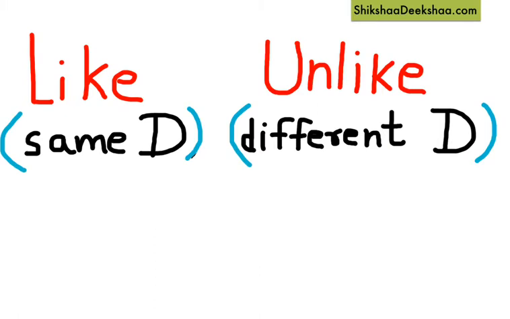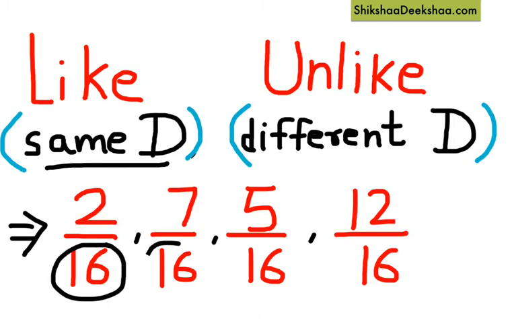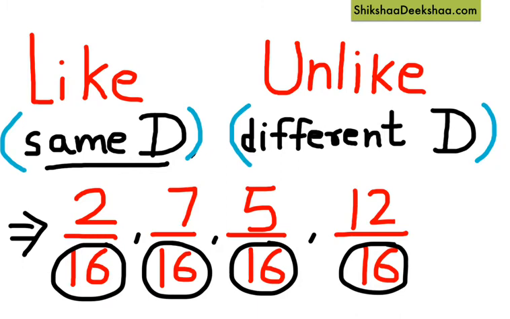First, we have like and unlike fractions. Like fractions are fractions with the same denominator, like this. These four are like fractions because their denominator is the same, 16. So we call them like fractions.